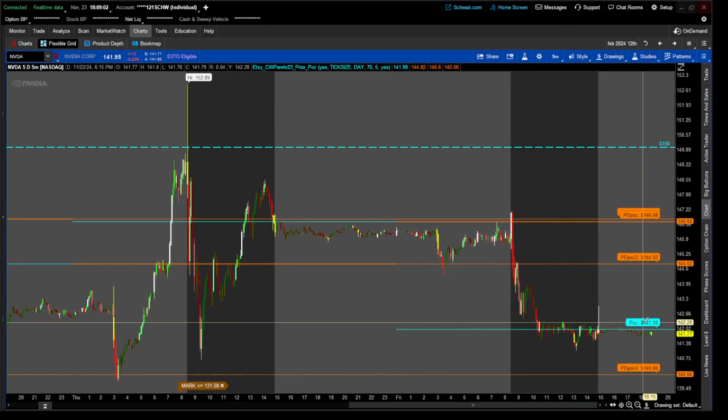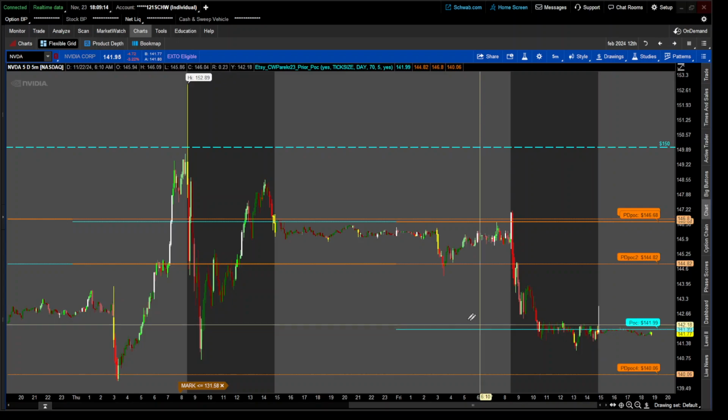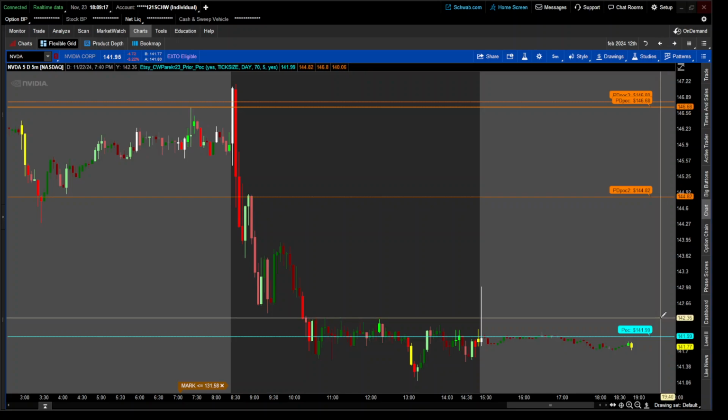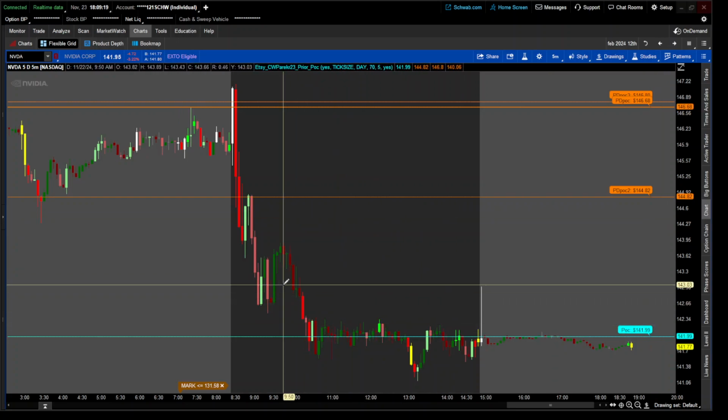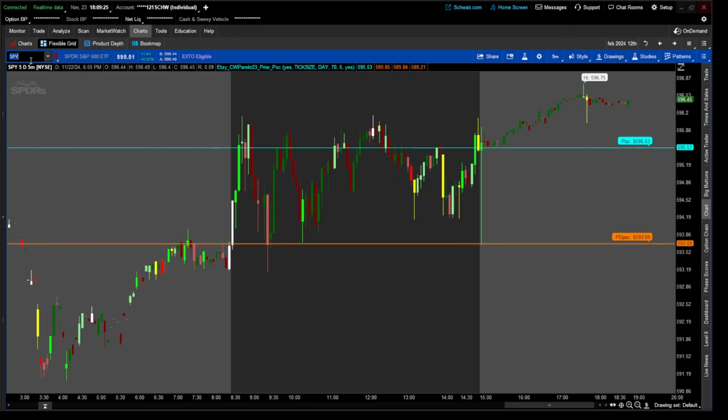This blue color right here is your current POC or point of control, where price was most traded at that price level. I think it looks better on the S&P 500, but it's still showing you where price was traded, where most trades were taken at those levels. And you can see right here, it can act as support, or it can act as resistance as well.